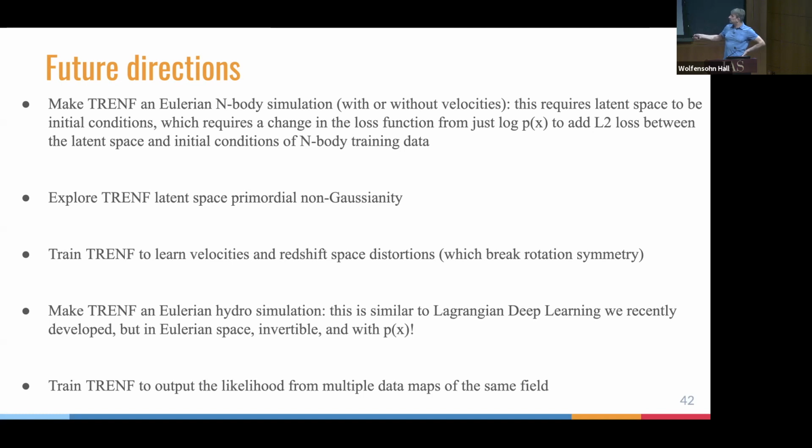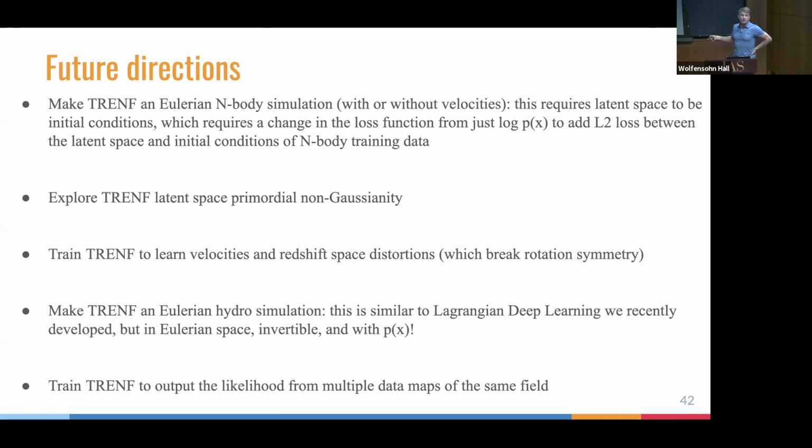Another thing one can do is make this into an Eulerian hydrosimulation. I'll show a few slides next on how we're doing this using Lagrangian displacements. But this TRENF is Eulerian, so it's on a fixed grid, and we should be able to do whatever we're doing with Lagrangian displacements also on an Eulerian grid.